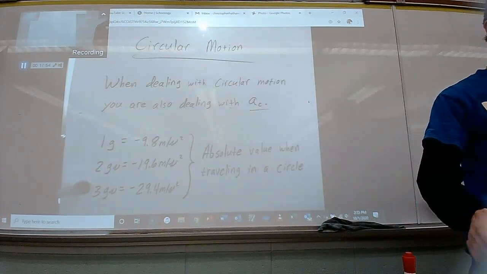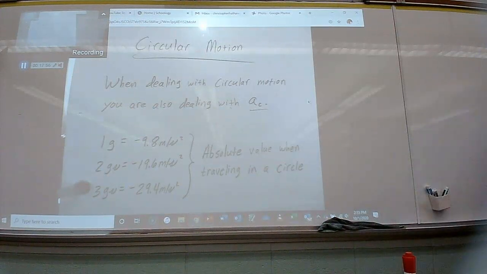I'll go through this in more depth once everybody has it written down, but what this means is your angular velocity is equal to regular velocity divided by r. The other way to calculate angular velocity is to take a number in revolutions per second. Maybe it says you're traveling at 10 revolutions per second. Multiply that by 2 pi, and that gives you the angular velocity.